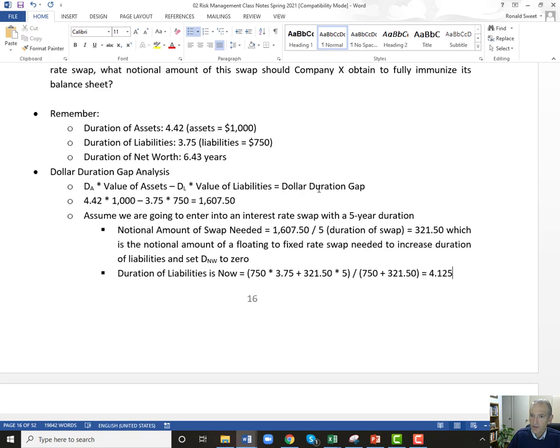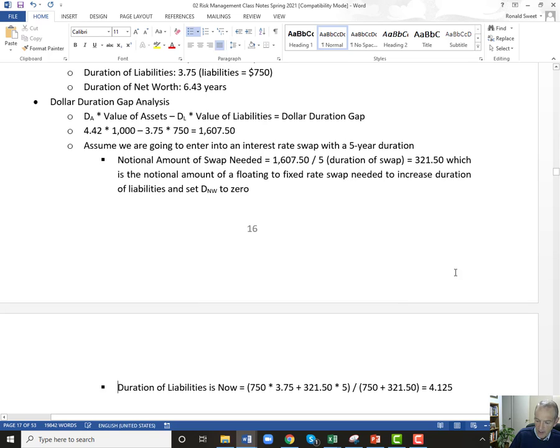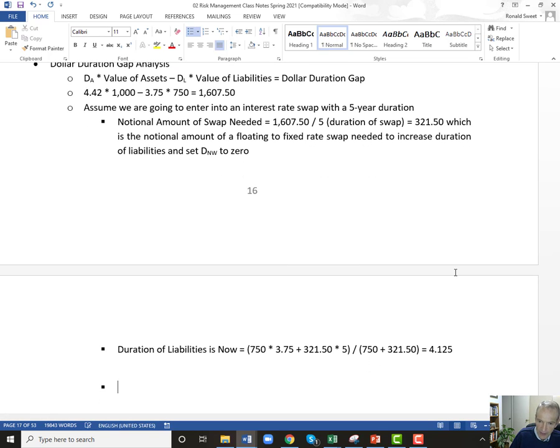So the duration of their liabilities went from 3.75 to 4.125, but their liabilities also increased because we have that swap. Even though it's notional, we still cover it. And so let's look at the duration. Now you don't have to actually calculate this on the exam. I'm just giving you this. This is just proof.